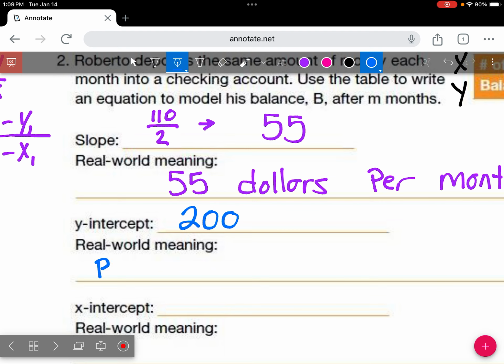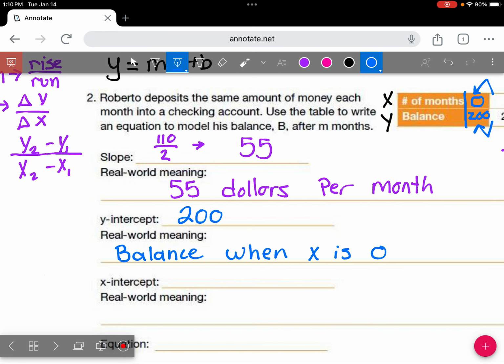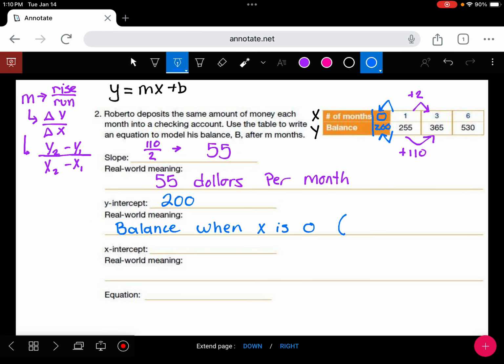And that is the balance when x is 0. Or month 0. Or balance he started with. There's a number of ways to say it. You can use words. At beginning.